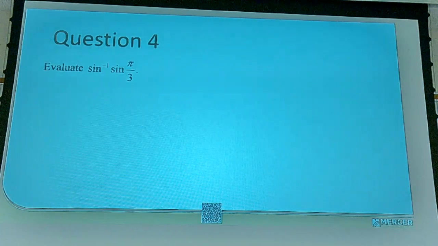The inverse sine of sine of pi over 3. Is pi over 3 in the range of inverse sine? Again, what is the range of the inverse sine? Yes, it is in the range.